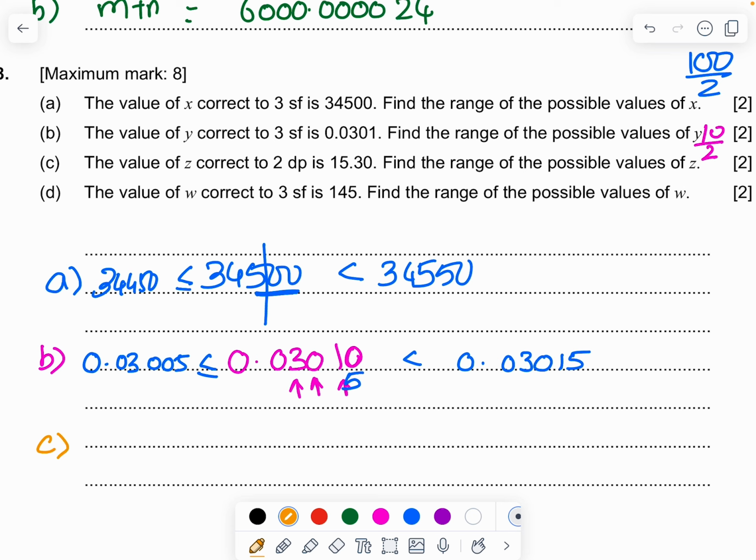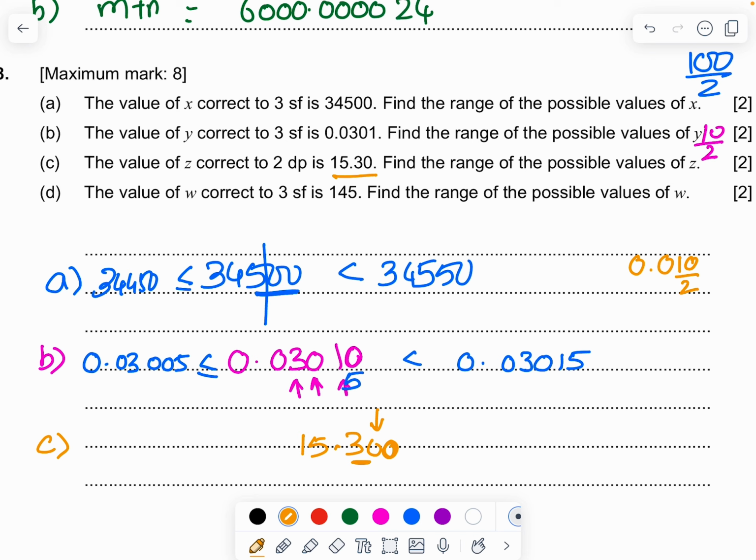Part C, two decimal places. It is already 2 decimal places. 30 is the 2 decimal places. This is the decimal place over here. So this one is 0.010, or else what you can read it as is 010.